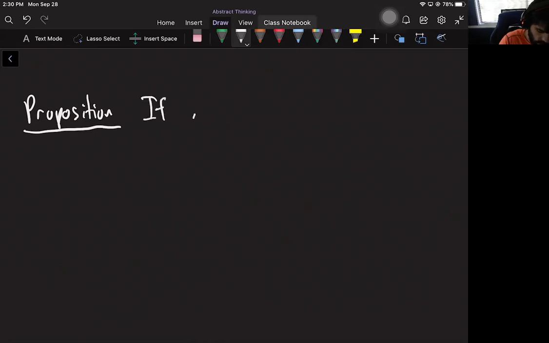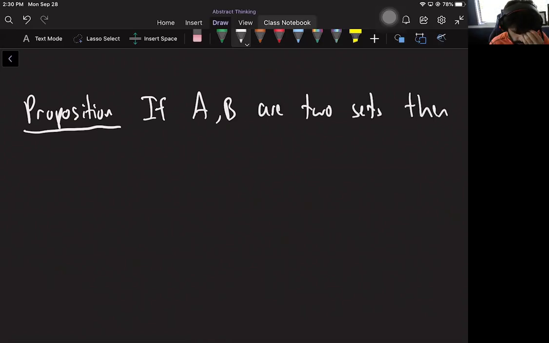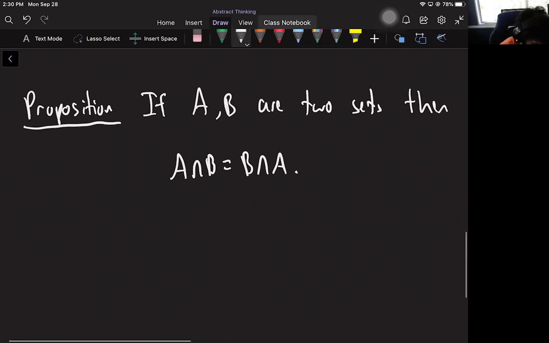if A and B are two sets, then here's something that should definitely be true. If I intersect them, it shouldn't matter which direction I intersect them in. If I do A intersect B or B intersect A, they should be the same because they're just what's in common to both. But now we'll actually prove that these two sets are equal using our definition of set equality.